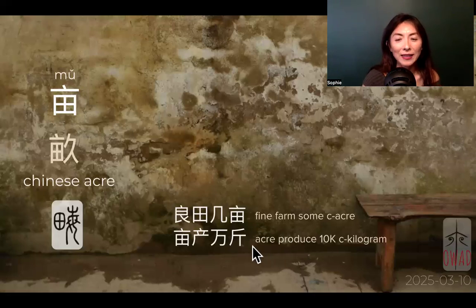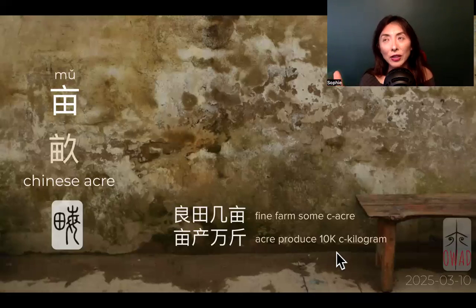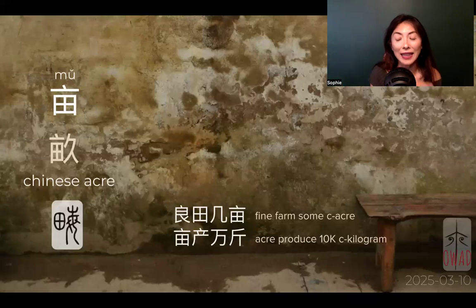亩产万斤, so again, this Chinese acre produces 万斤, 10,000. Okay, 10,000 is almost a Chinese infinity, because that's ancient scale, before we had this digital world that introduced such giant number units to our lives.